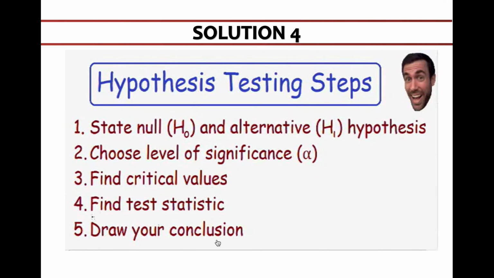Step number 4 says to find the test statistic. And the test statistic is just going to be a z-value or a t-value. And like I said before, we're using a t-test or t-distribution, so our test statistic is going to be a t-value.